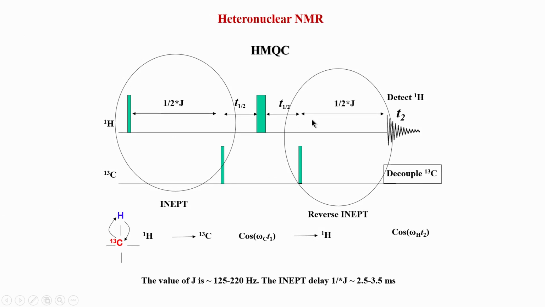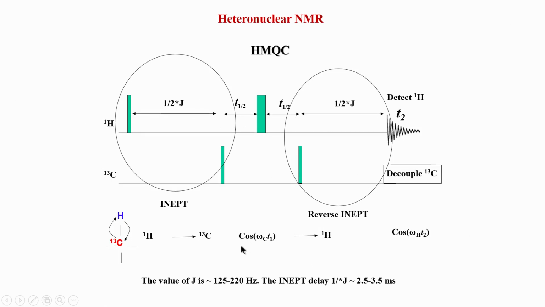Number 2 is that the J coupling between proton and proton is active during this portion of the time. I am talking about this proton and another proton nearby. Suppose there is another proton 3 bonds away, or a geminal proton 2 bonds away, they will be coupled to each other and their coupling is sufficiently strong, and that coupling also evolves here.